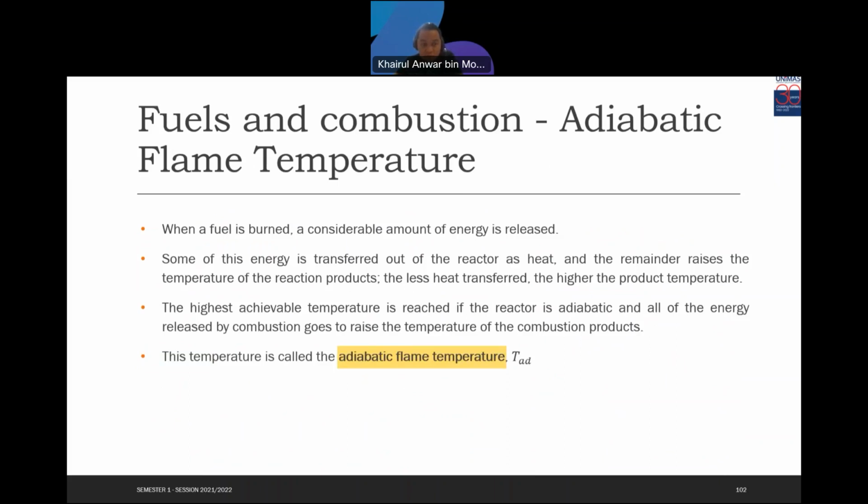The highest achievable temperature is reached if the reactor is adiabatic and all of the energy released by combustion goes to raise the temperature of the combustion product. This temperature is called the adiabatic flame temperature, T adiabatic, TAD.